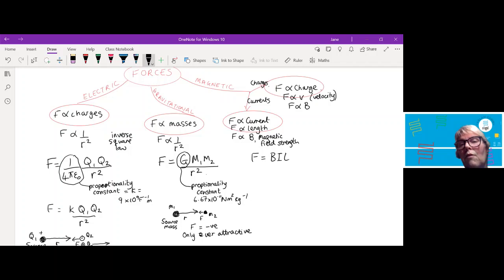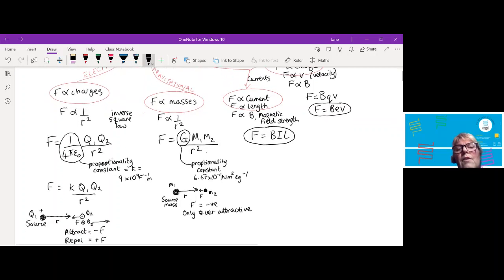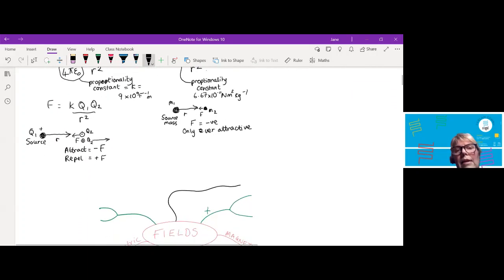And so we can also write F equals BQV, and for an electron we can say F equals BeV. So we often talk about BIL and BeV for the force of either a charge or a current placed in a magnetic field. Okay, so now we've looked at forces, we now need to kind of explain.